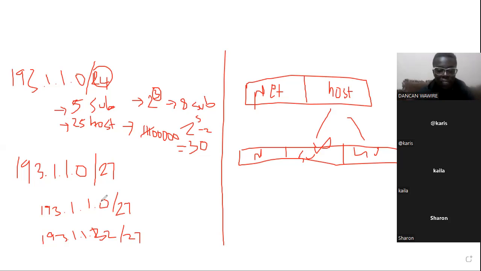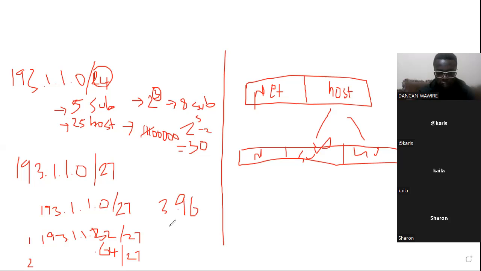The second subnet itaanzia hapa 32 iende up to 63 or 64 will be the last one /27. Sijui kama mnaona jinsi mnapanga. So this will be the first subnet, itakuwa the second subnet. The third subnet will have 64 if I'm not wrong.